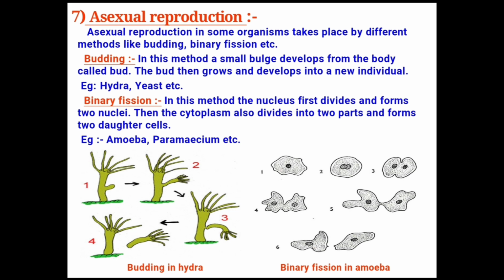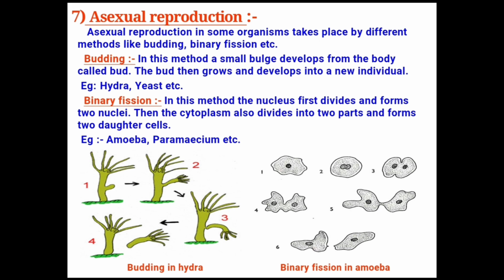And second, binary fission. As the title itself says, binary fission: bi means two, fission is division. So it is where the parental body divides into two parts, right or not? So how does this process happen? Let us see. In this method, the nucleus first divides. You can see this is the picture of an amoeba. In this picture, this is the nucleus, and this is the cytoplasm.